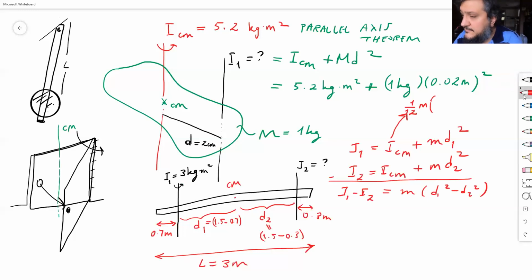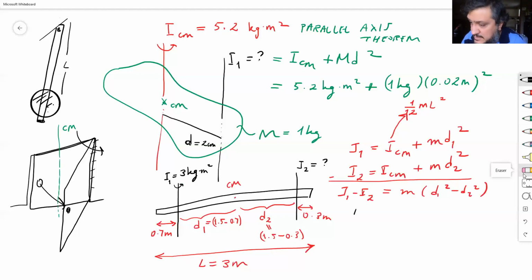1 over 12 m L squared. Okay, so you could plug it in here and solve for m, and then use that m in the second equation to solve for I2. So let's do it.